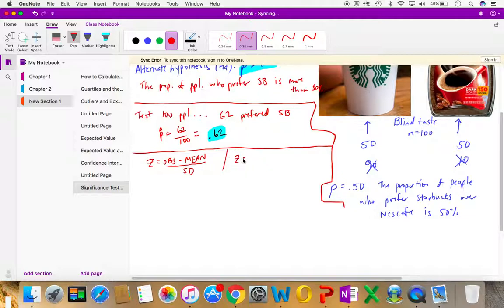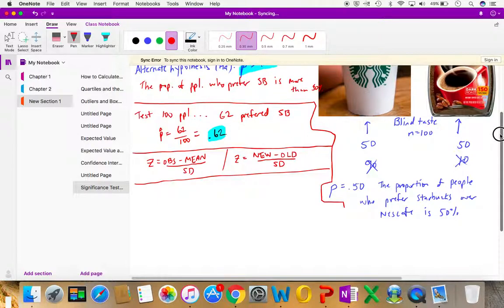I like to say z is equal to the new minus the old, all over the standard deviation. Some textbooks will use statistical jargon like mu, x bar, standard deviation, and those are all well and good, but no matter if you're dealing with proportions or probability or means, you're always going to have a value that's new. You're always going to have a value that's old.